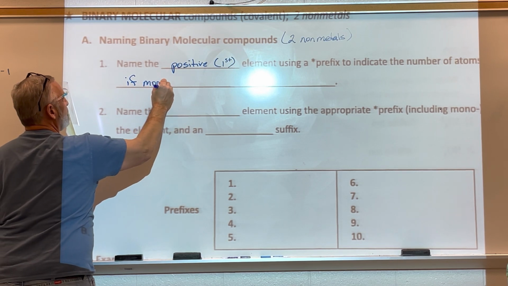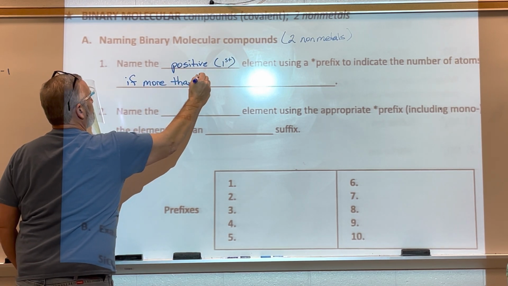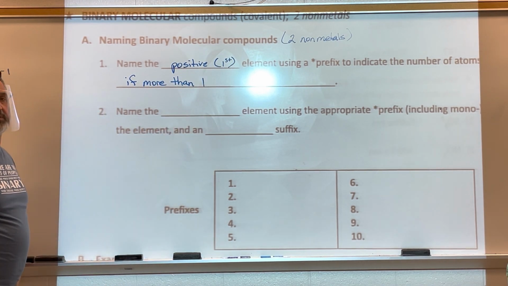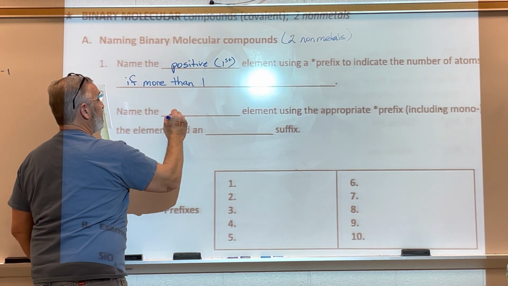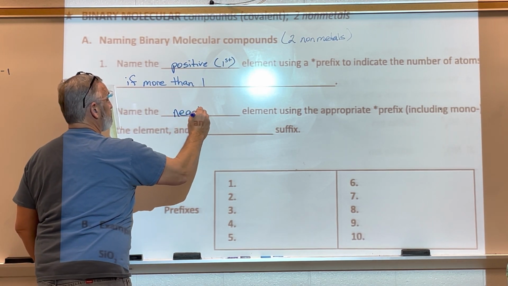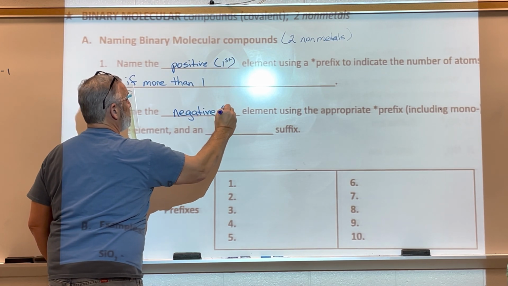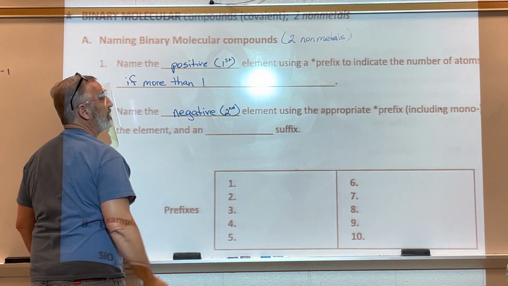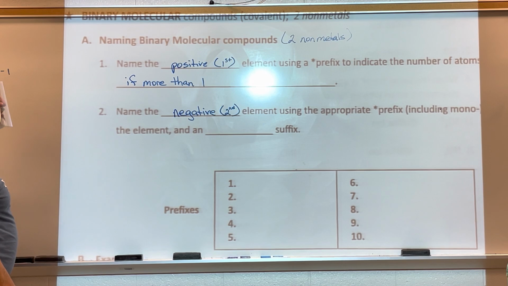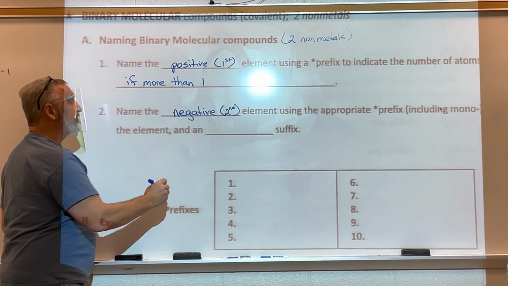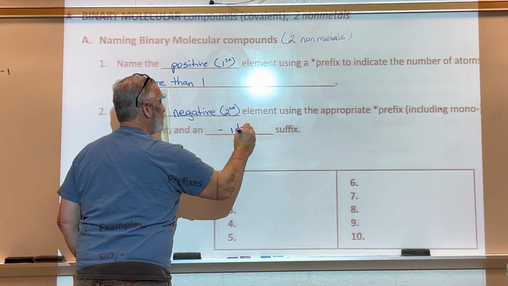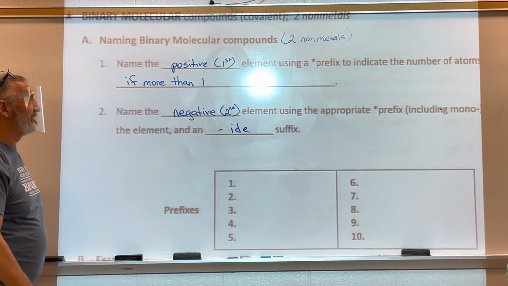If more than 1, we don't start a name with mono, but you will use a prefix. Name the negative ion. It's the second one listed, using the appropriate prefix, including mono. And it's always going to end in "ide." You're going to have an "ide" suffix.